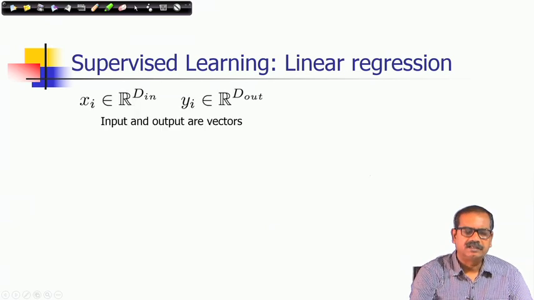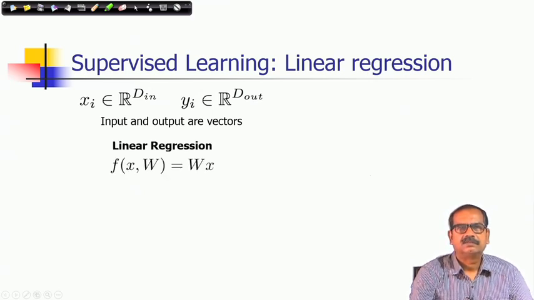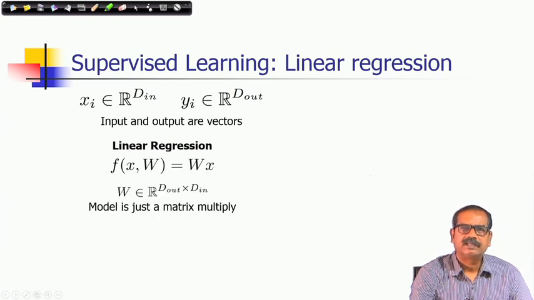Supervised learning can also be considered as a linear regression problem, where your input is a vector and output is also a vector. In linear regression, the model is linear. If your input is x, then you use the weighted linear combination of the input, that is Wx.